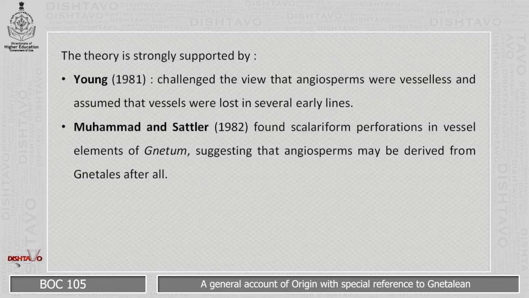We have Young. He challenged the view that the angiosperms were vessel-less and assumed that the vessels were lost in several early lines. Secondly, Muhammad and Sattler, they also supported this theory and found scalariform perforations in vessel elements of Gnetum, suggesting that the angiosperms may be derived from Gnetales after all.